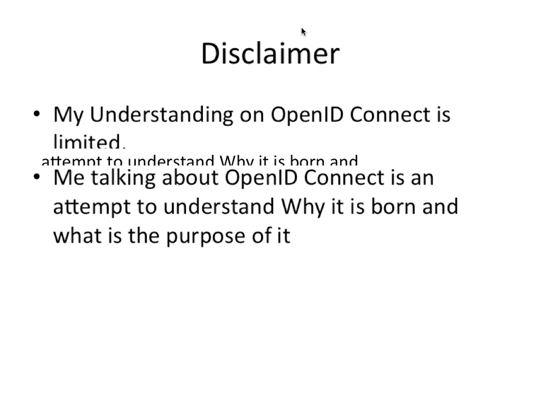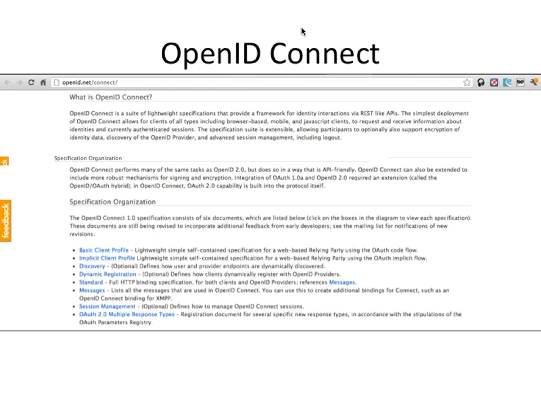So let me define OpenID Connect for you guys and explain my own understanding. OpenID Connect is a suite of lightweight specifications that provide a framework for identity interaction via RESTful APIs. So far, it wasn't RESTful, it was redirections. Nothing much was there.